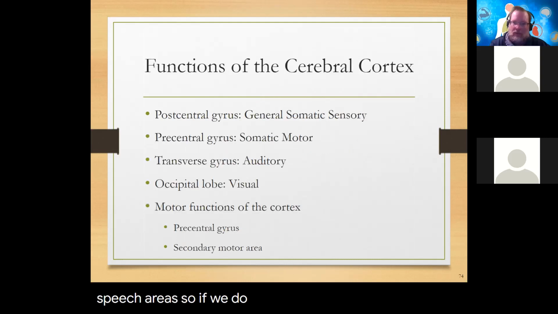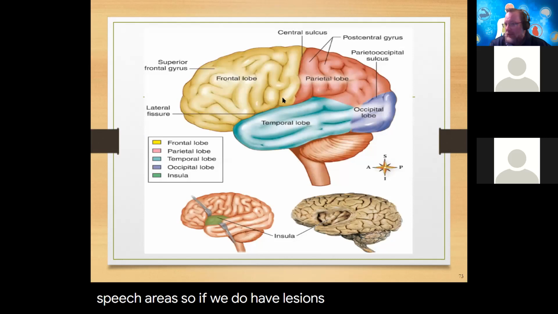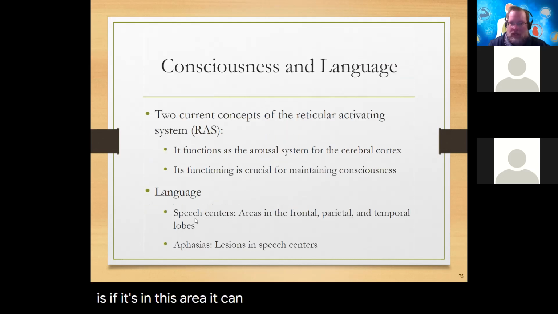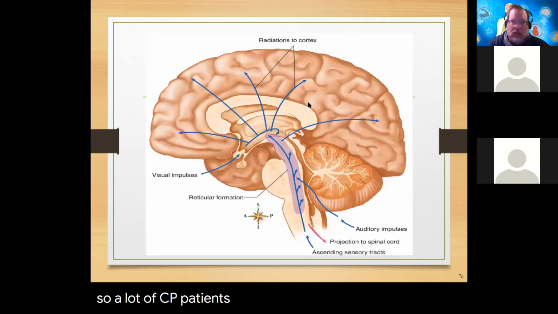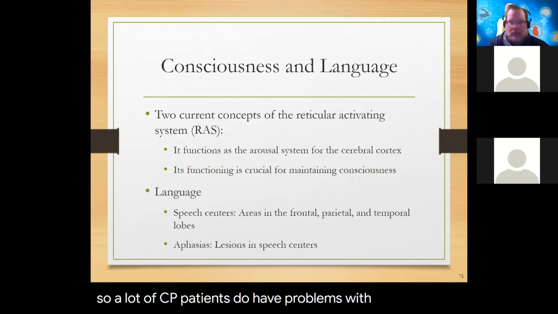If we have lesions, MS for instance, or some sort of cerebral palsy, depending on where it is, if it's in this area, it can affect the ability to speak. Unfortunately, a lot of CP issues tend to come from that area, so a lot of CP patients do have problems with speech.